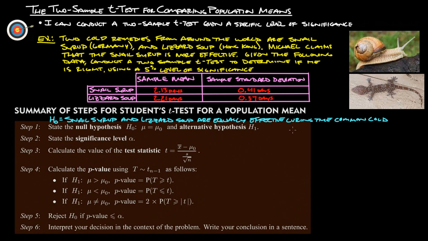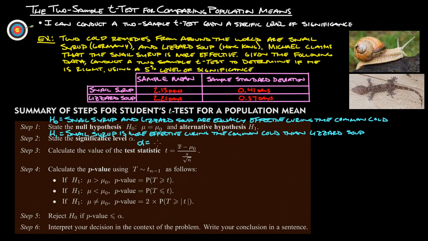Then the alternative hypothesis is what Michael claims, that snail syrup is more effective. So our H1 is that snail syrup is more effective at curing the common cold than lizard soup.